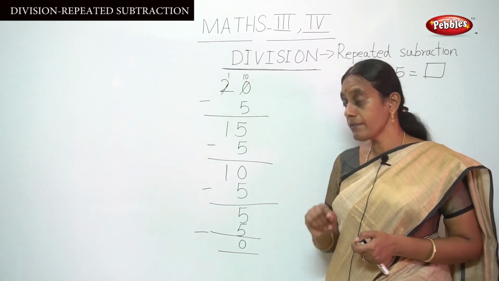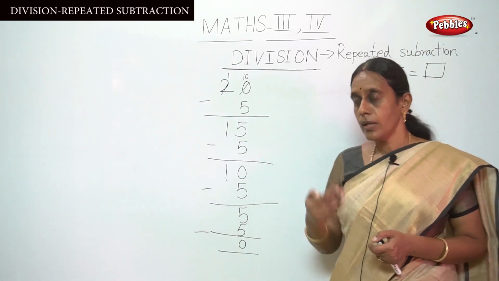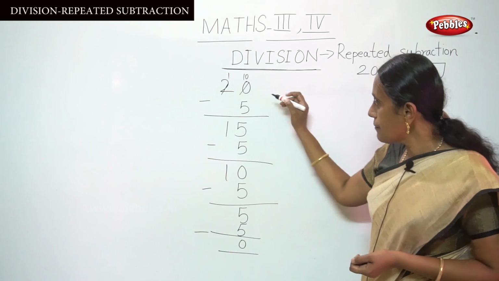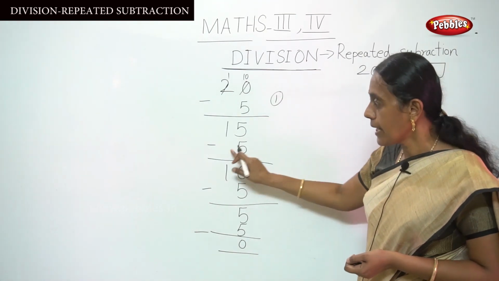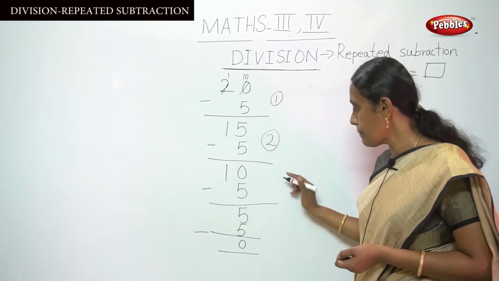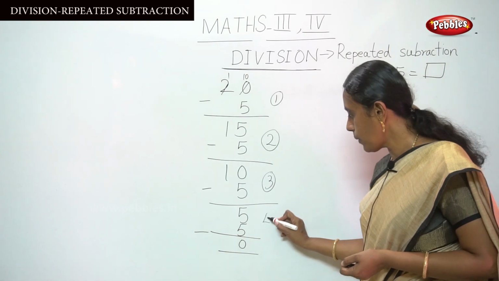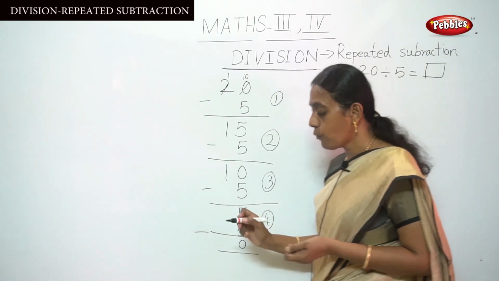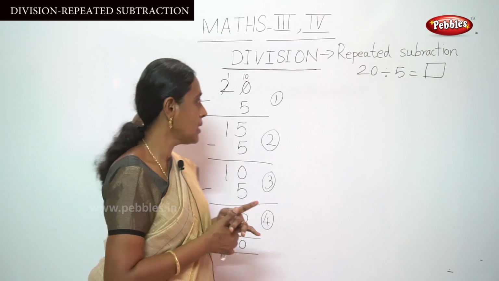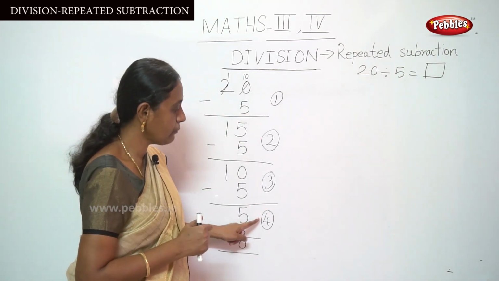Now you should calculate how many subtractions you completed. This is the first subtraction, this is the second, this is the third, and the final one is the fourth. So there are 4 subtractions: 1, 2, 3, 4.